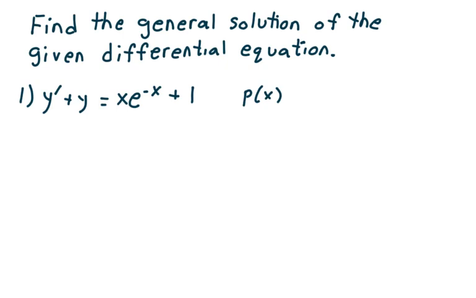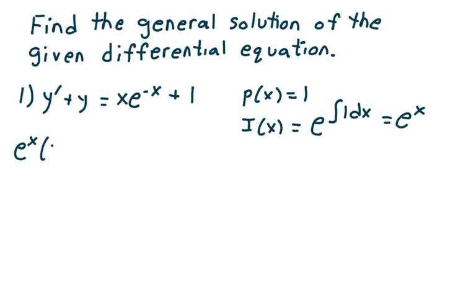It's the value being multiplied by y. In this case, it's equal to 1. So my integrating factor I of x is e to the integral of 1 dx, which is equal to e to the x. So what I'm going to do is multiply both sides by e to the x.